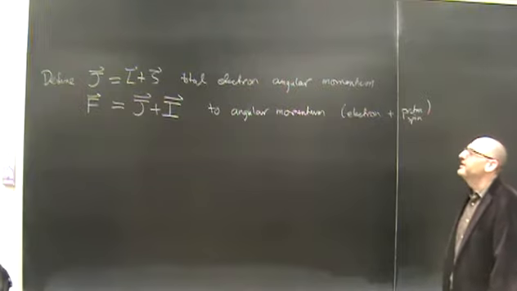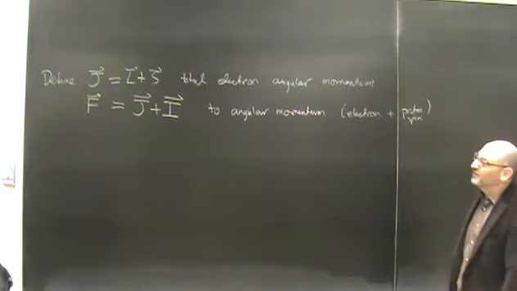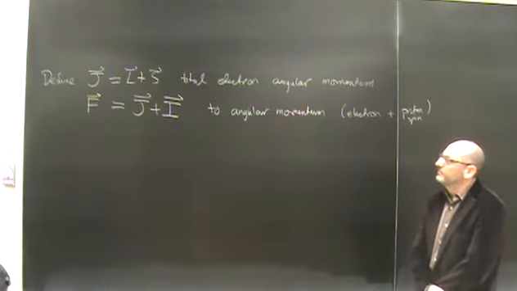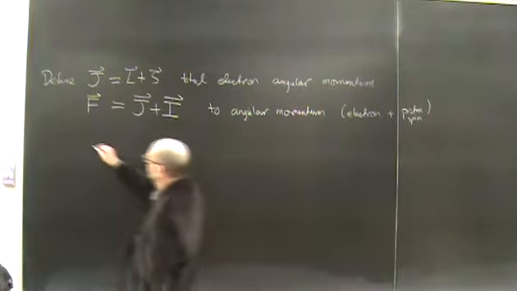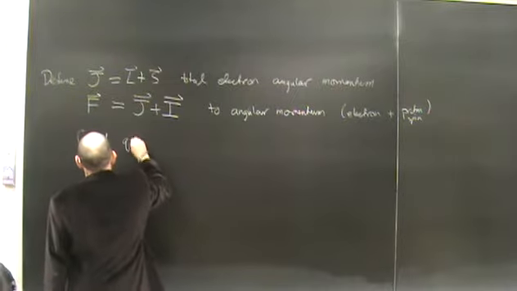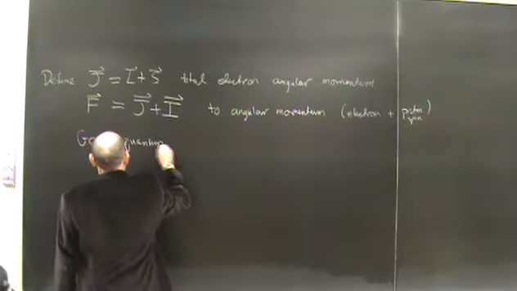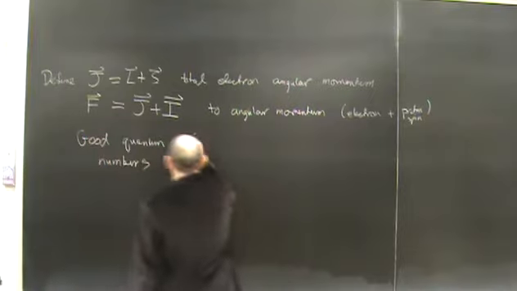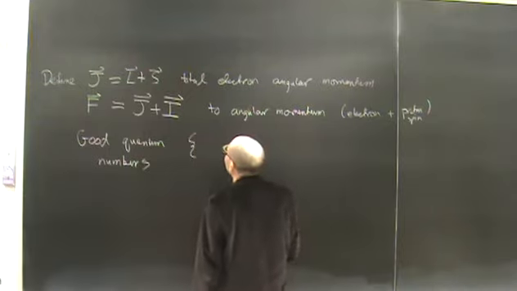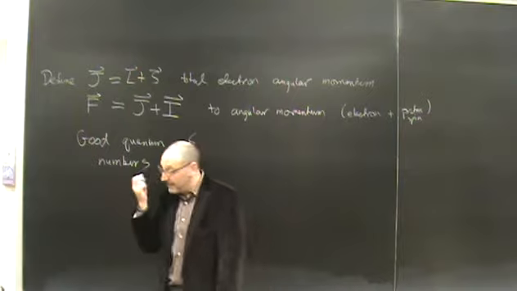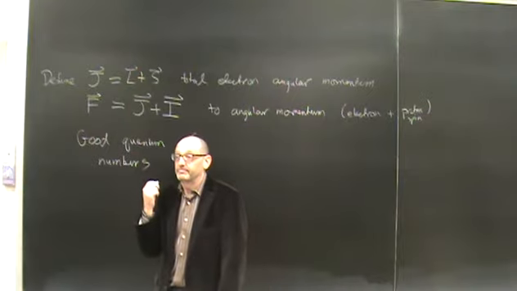What do we expect to be the good quantum numbers once we include the hyperfine interaction? L squared, J squared, S squared, I squared. Well, let's just first think about one thing I said at the beginning of class.